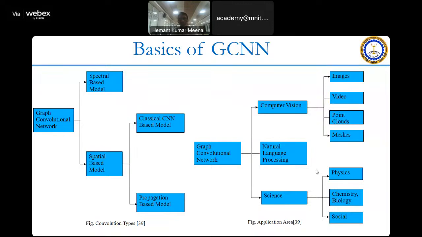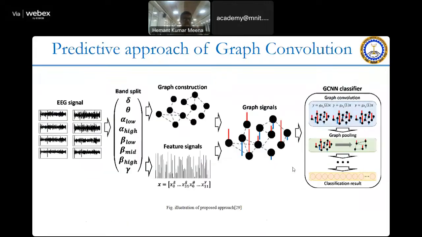In science, it has been applied because there also you are representing things at the collective level. So what do you mean by the predictive approach? Predictive approach means again that we are trying to infer things from the EEG signal. For example, this is the research work of my student Ram Nivas.